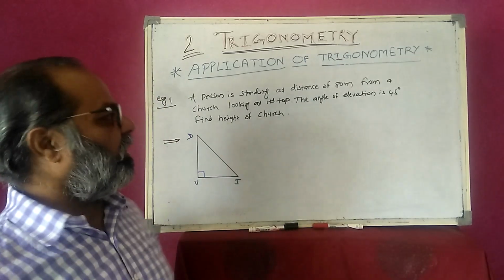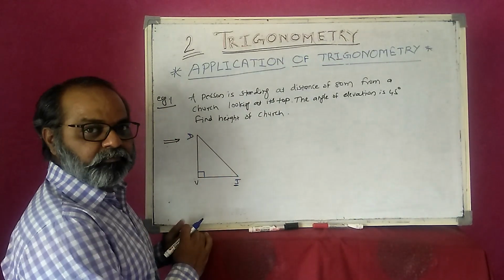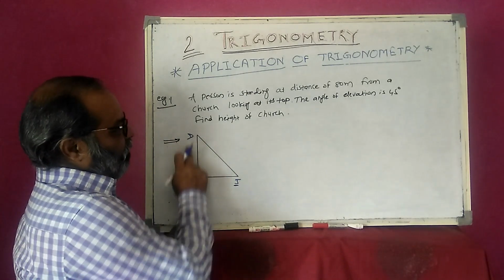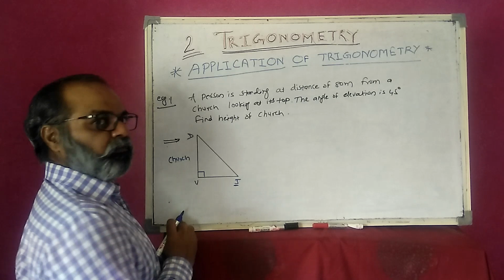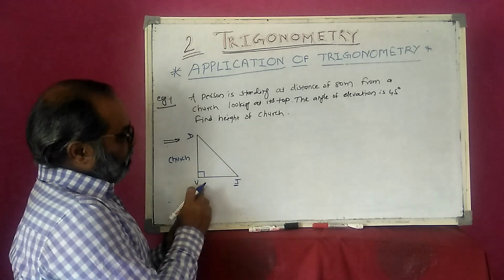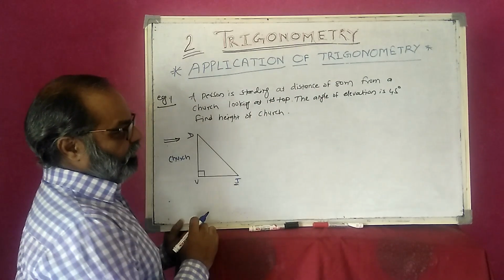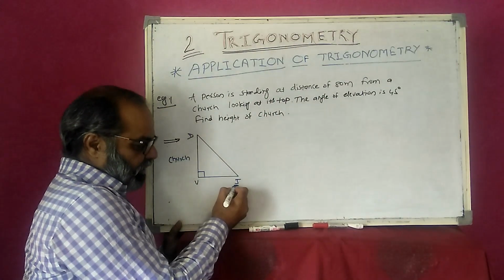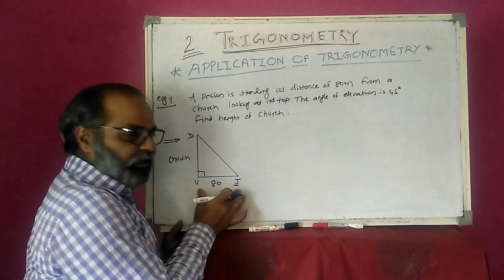Let us solve it. I will draw the figure. A person is standing here at the point J, and DV is the church. The person is standing at a distance of 80 meters from the church, so VJ is 80 meters.